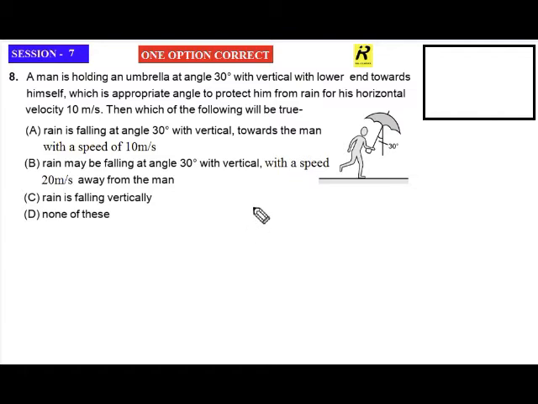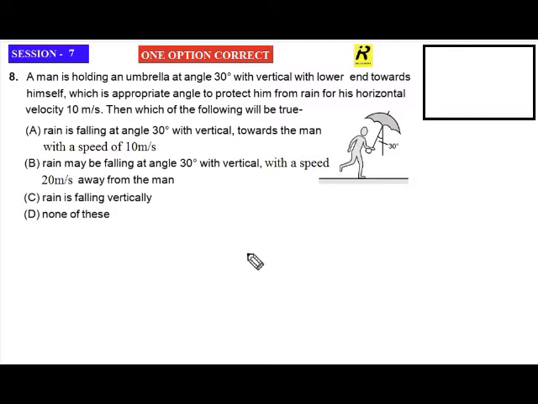So man is moving forward, and now we have to think over the effective velocity of the rain. It may come somewhere like this. This is the effective velocity.